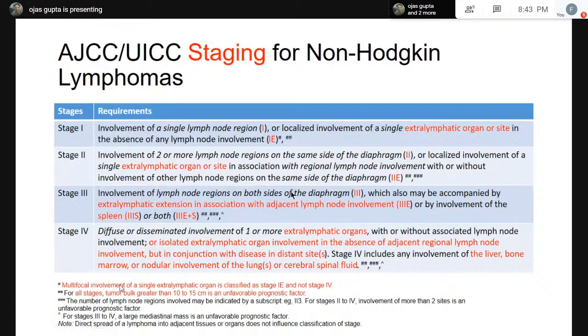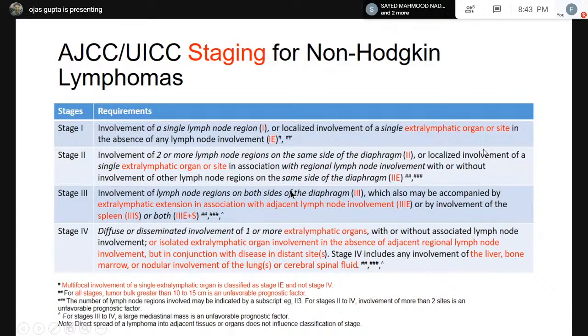So that was the old one, but now we are following AJCC or UICC staging for non-Hodgkin's lymphoma. Here also, there are 4 stages, and stage 1 is given for extranodal or GI lymphomas when a single extra lymphatic organ or site is involved with the absence of any lymph node involvement. It is given 1E.